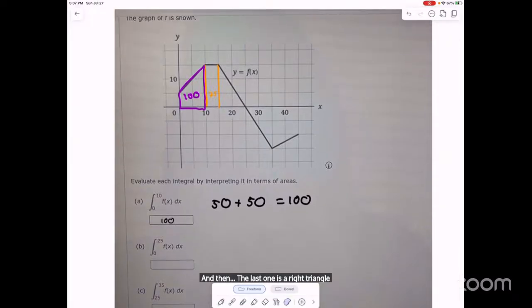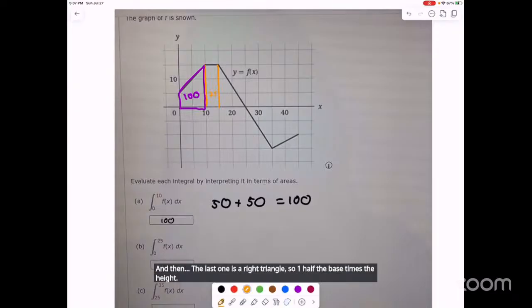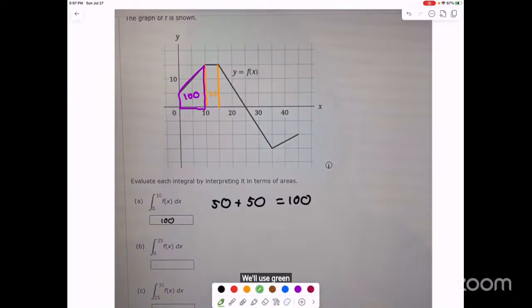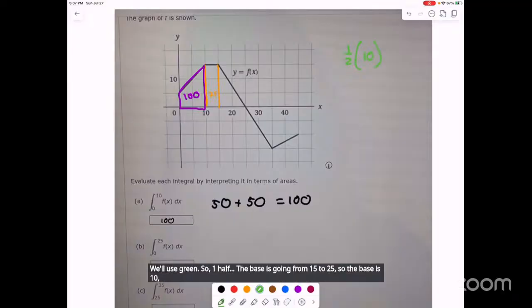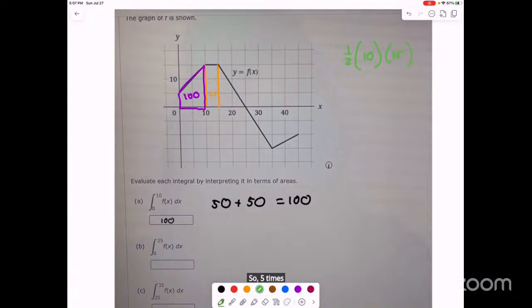So 1/2 the base times the height. We'll use green. So 1/2. The base is going from 15 to 25, so the base is 10, and the height is 15. So 5 times 15 is 50, so 75.